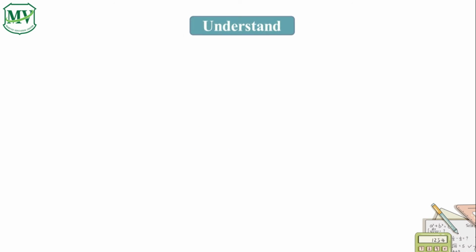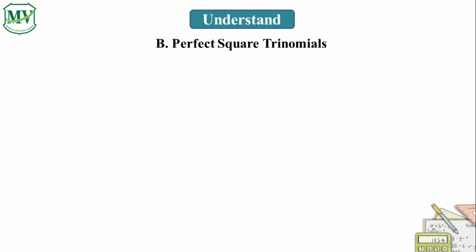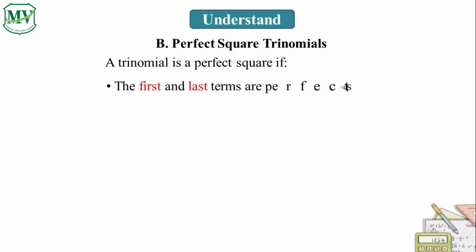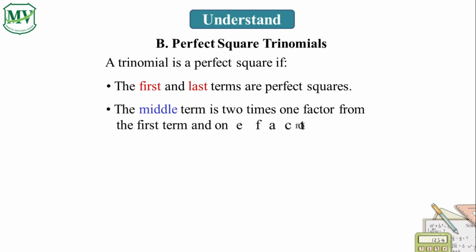The next type of special products are perfect square trinomials. Now, when can we consider that a trinomial is a perfect square? A trinomial is a perfect square if and only if the first and the last terms are perfect squares, and the middle term is 2 times one factor of the first and the second term.